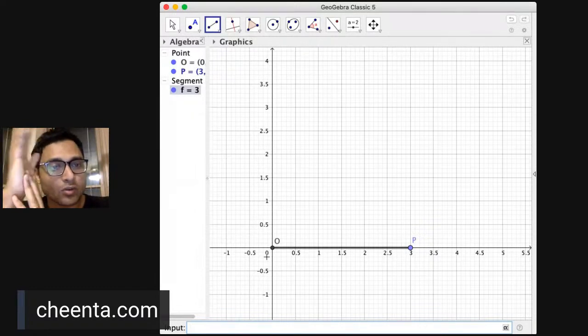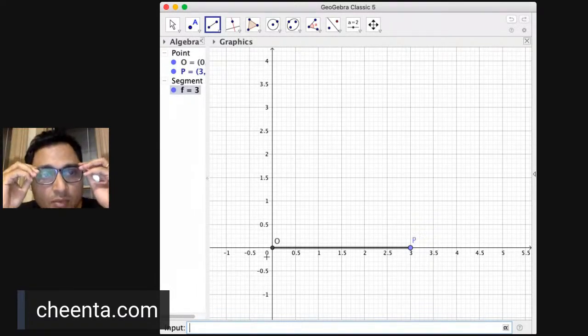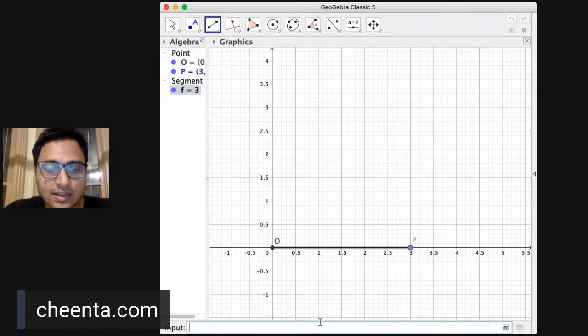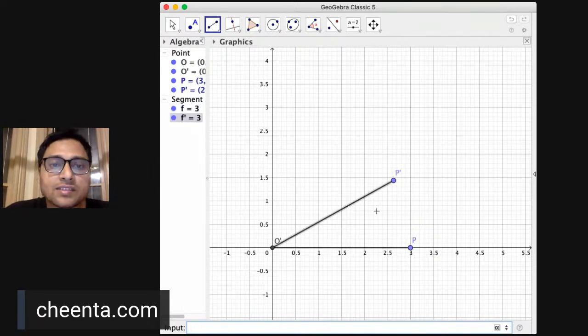I want to make a rotation. So let's try to rotate our object F by, let's say, 0.5. Great. So you see, we get P prime. We got the point P prime after my rotation.